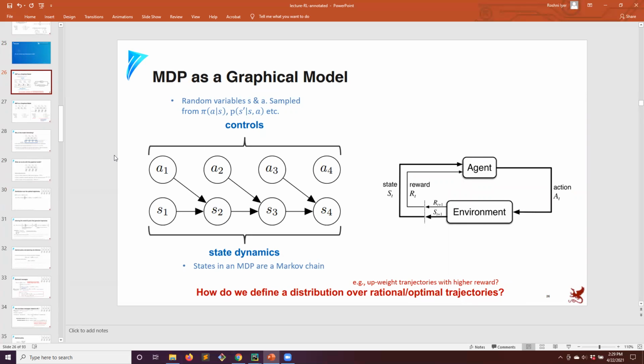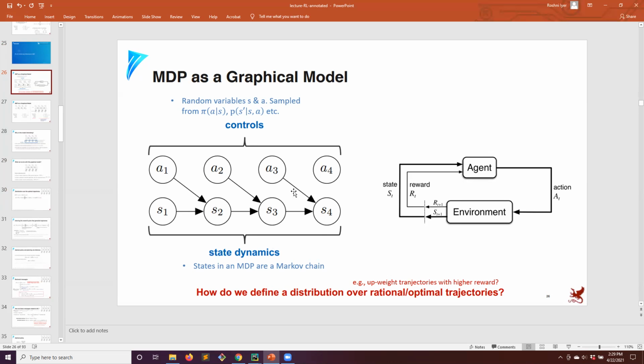Okay, so now let's talk more about MDPs. Specifically, we have different states and actions, and the state transitions follow these Markov transitions. If we compare Markov decision processes and Markov chains, they're actually very similar.